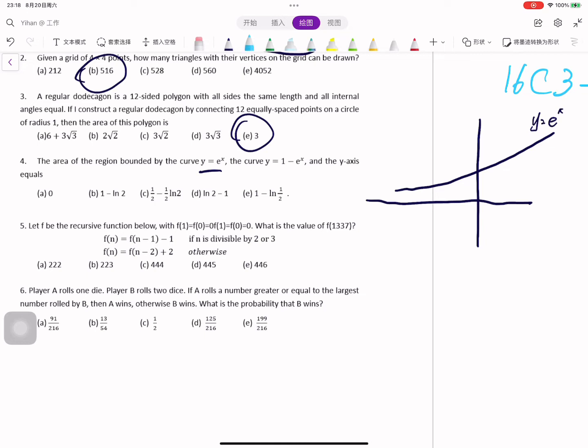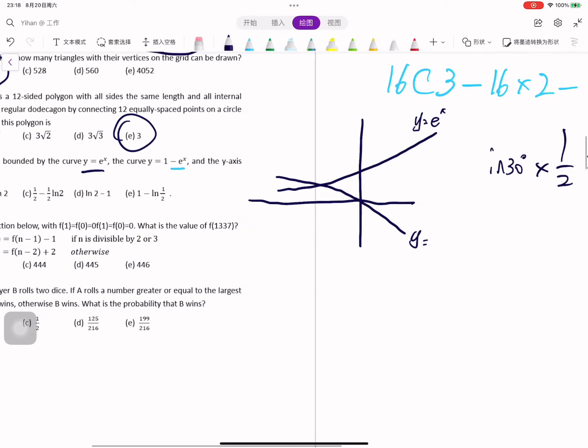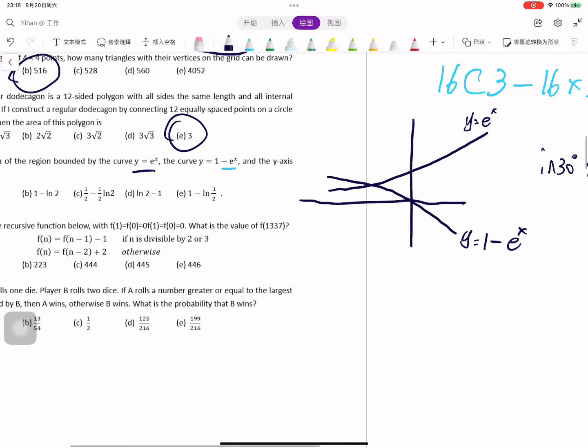And we first draw negative e to the power of x. And then we move one upward like this. And this is the graph of y equals 1 minus e to the power of x. And this is y, so here is the area we need to calculate.